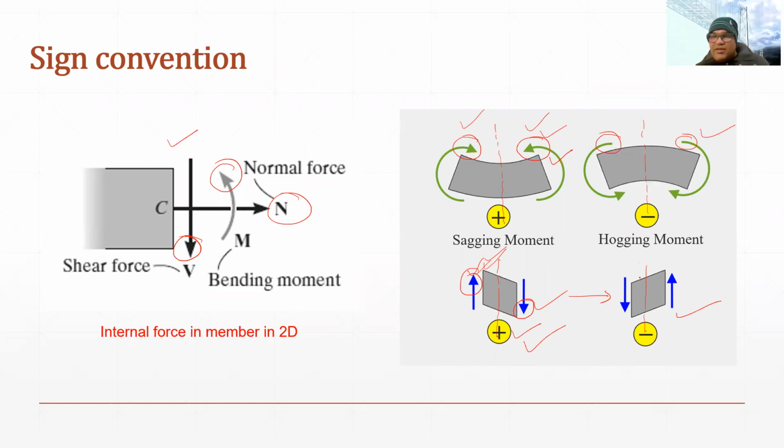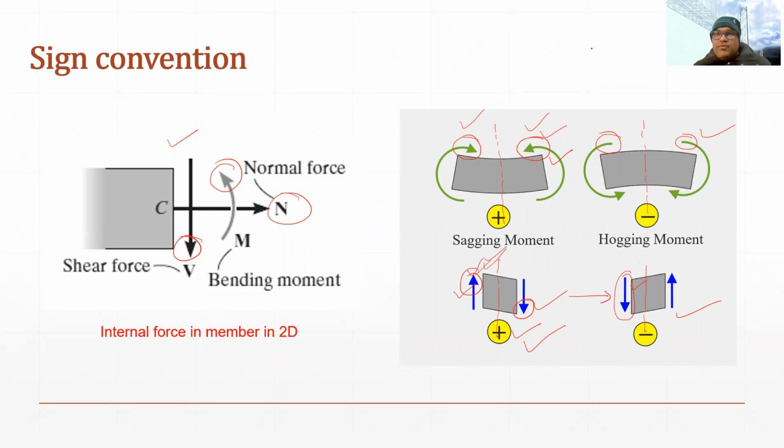Similarly, if we are taking the left hand segment, then downward force will be considered as negative. In our example 1, we have considered the left hand segment of our beam, which is segment AB. So for the left hand segment, upward force will be taken as positive shear force, and downward force will be taken as negative shear force.